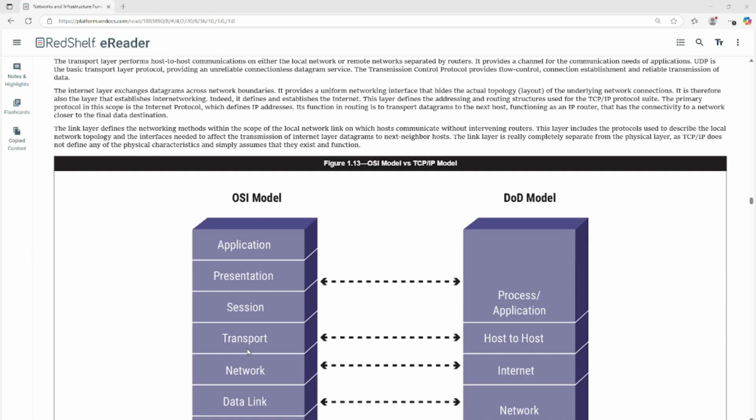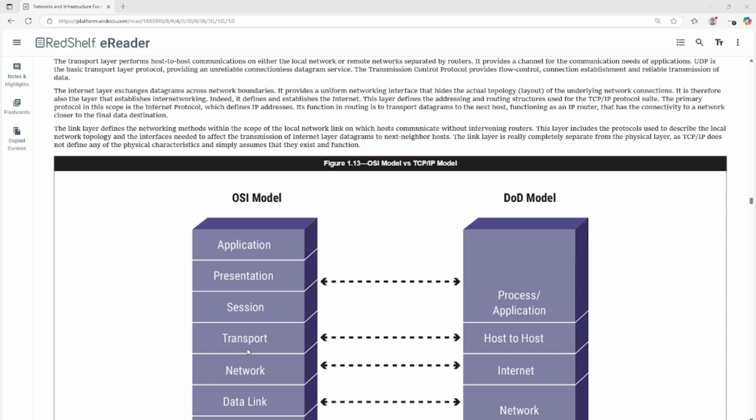And just to emphasize again, the OSI model layer is created as a reference, and its layers are numbered, with stringent definitions, and very detailed.